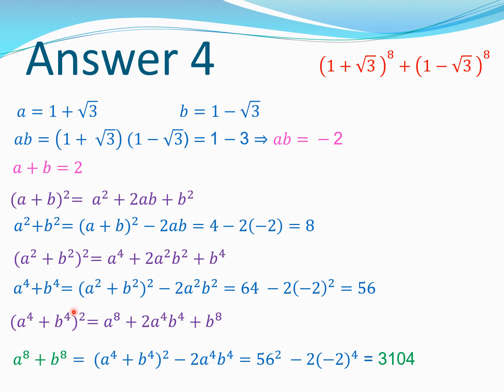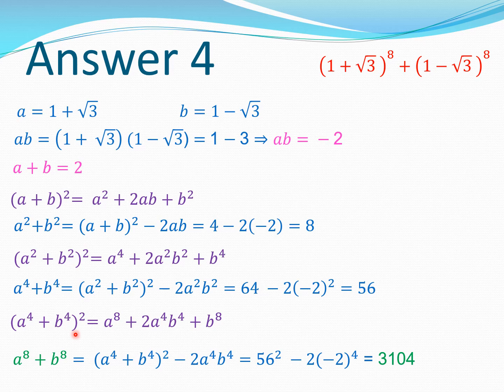So from this formula I can then write that a^4 plus b^4 is going to be a square plus b square, square, minus 2a square b square. And now I know a square plus b square, that was 8. So 8 square is 64 minus 2 into ab square, and ab I know is minus 2, so it's minus 2 square. So it's 64 minus 8, and so that gives me 56.